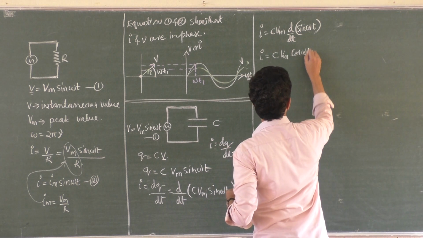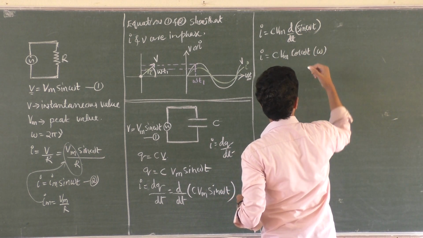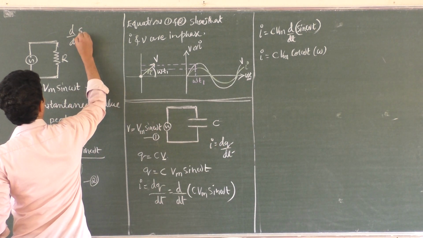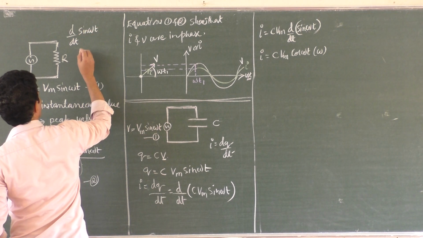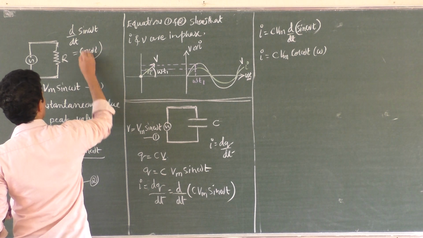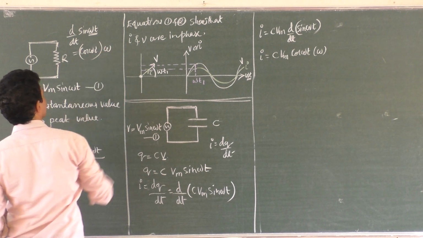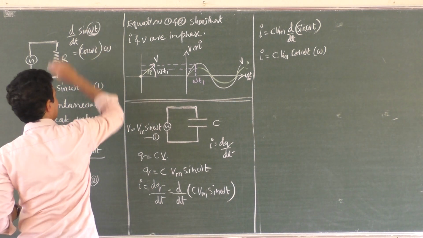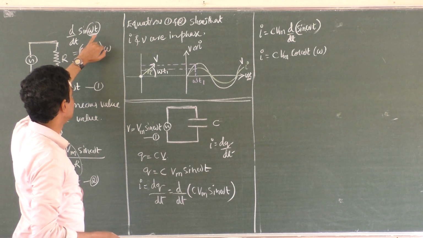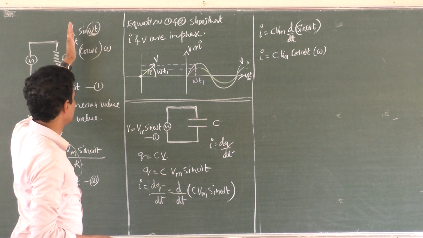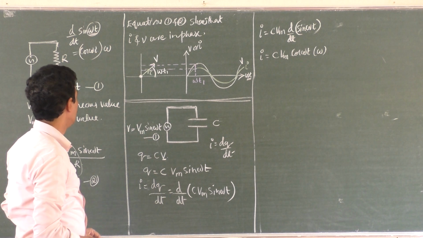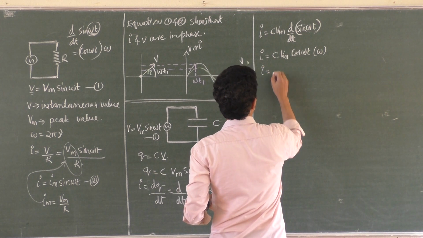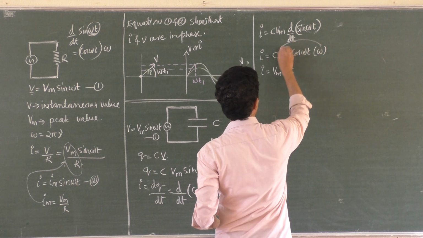Cos omega t into differentiation of omega t, which is omega, because omega is a constant and you can take it out, and differentiation of t is 1. So cos omega t into omega. So what do you have now? I is equal to Vm omega C cos omega t. I'll bring this here and I'll write it together.